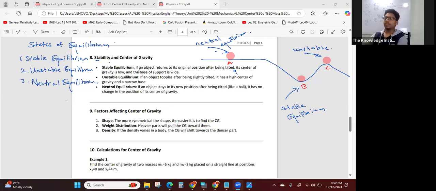That is neutral equilibrium. This is the best example that you can understand. Here this is neutral equilibrium. This is stable, it always comes back to this point. And here is unstable. If a slight displacement is given, it will break the equilibrium and start accelerating. So write down that example.